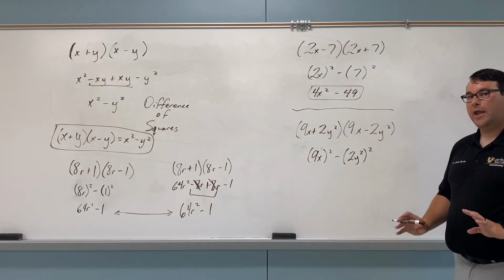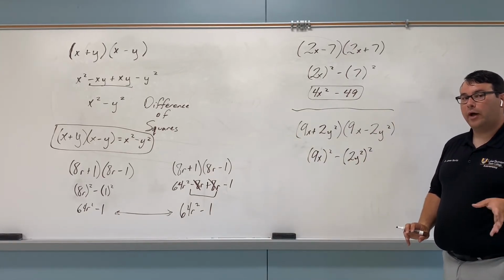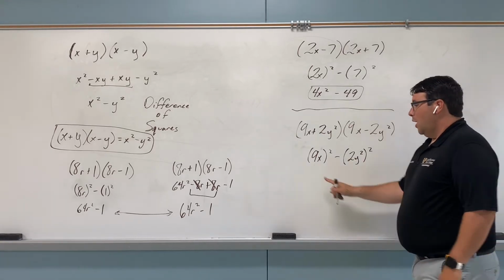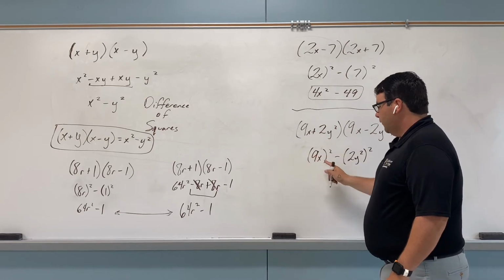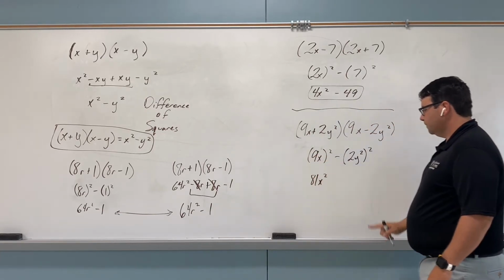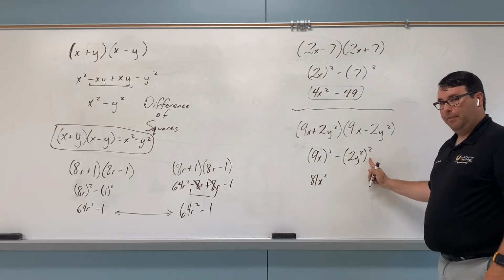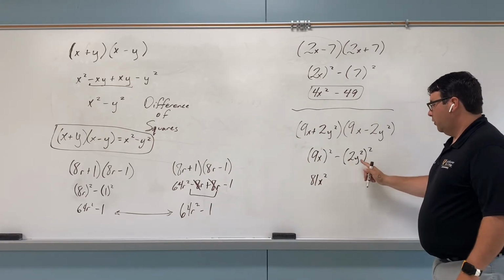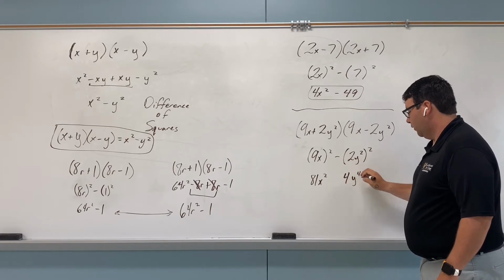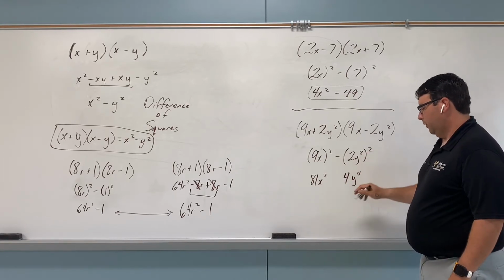Now, again, remember I said exponent rules will haunt you forever. Here they are. They're popping back up. So let's do this simplification first. I get 81x squared. Remember, this is your power rule. So what you're going to do is get your 4y to the fourth, multiplying those exponents.